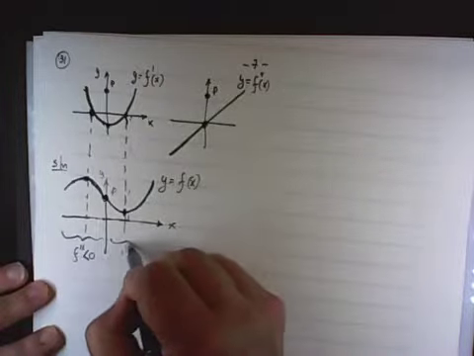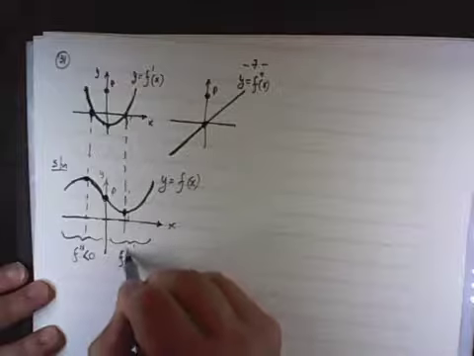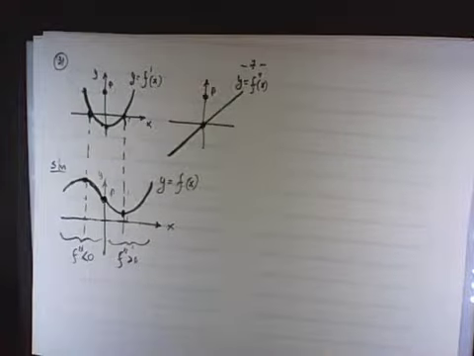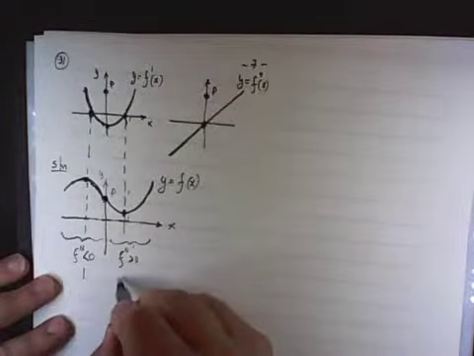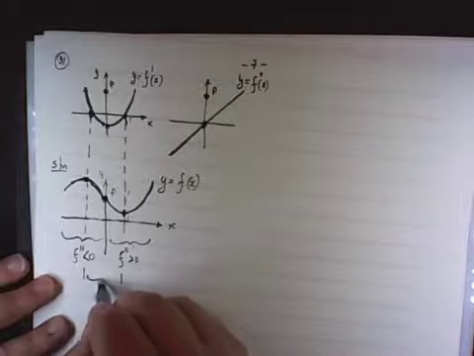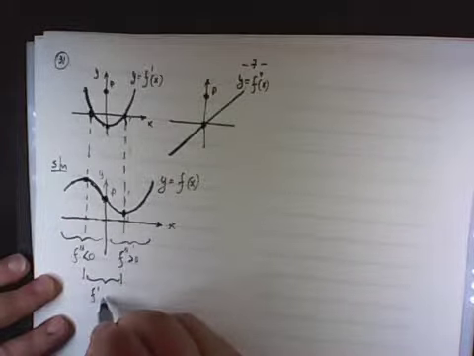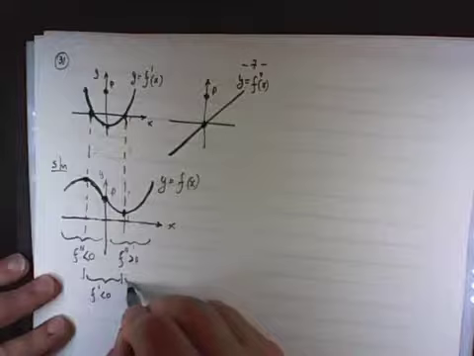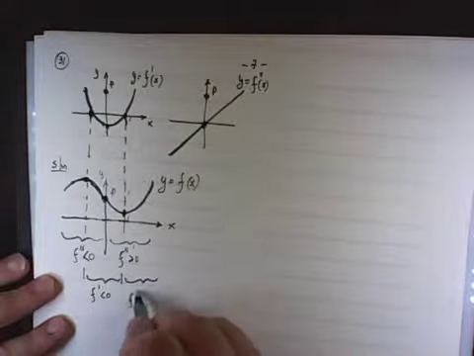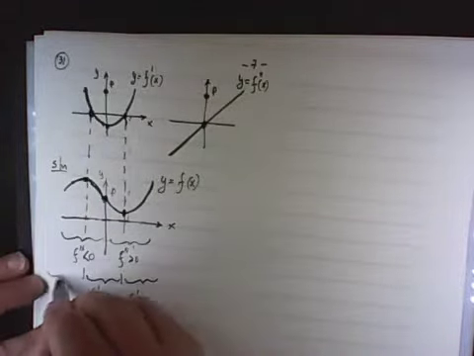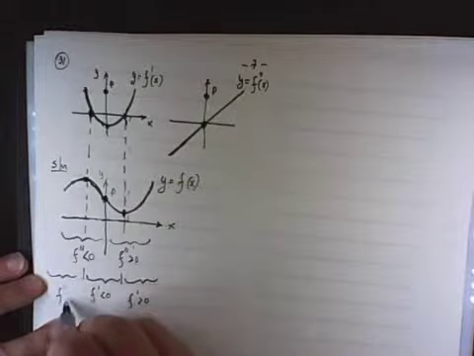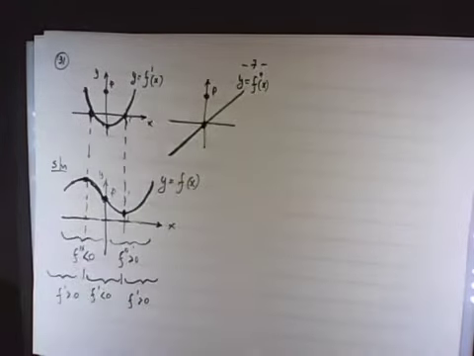In this region, f double prime is positive. In this region right here, f prime is negative. In this region right here, f prime is positive, as you can see.